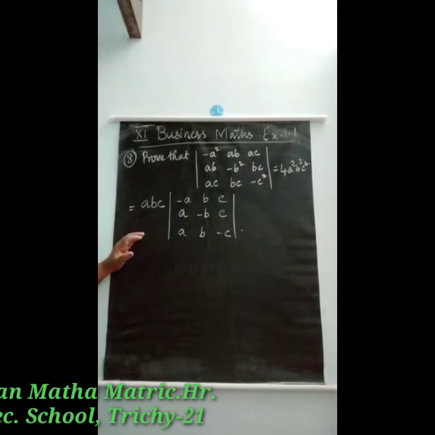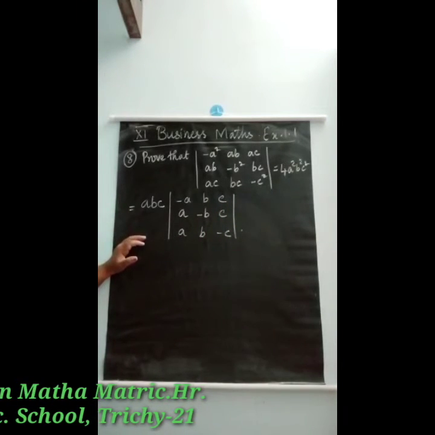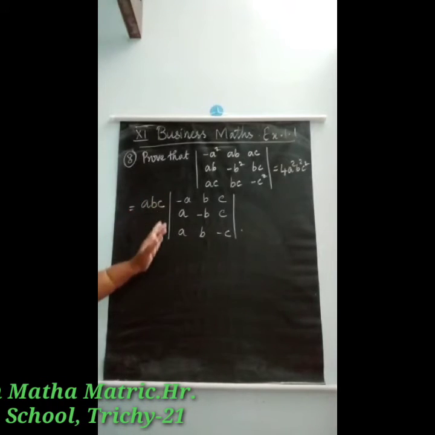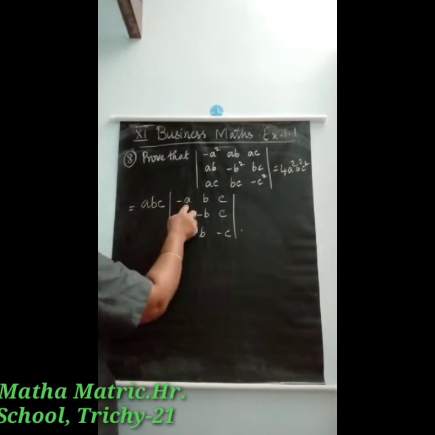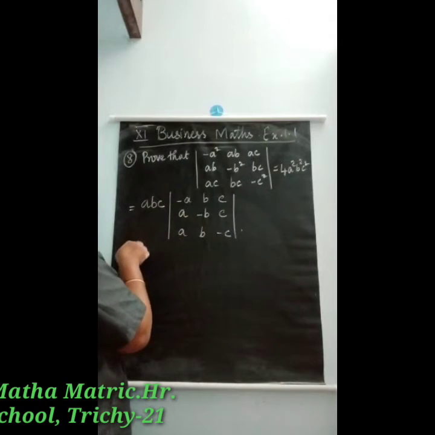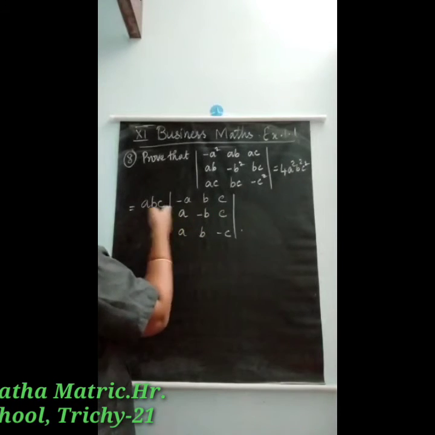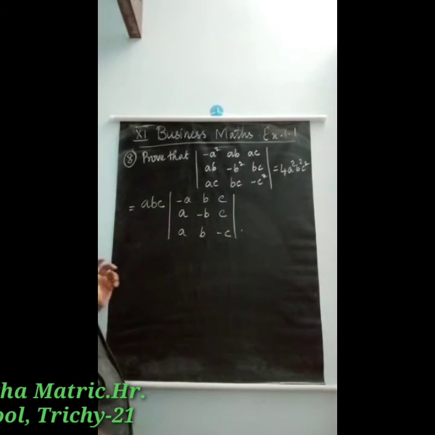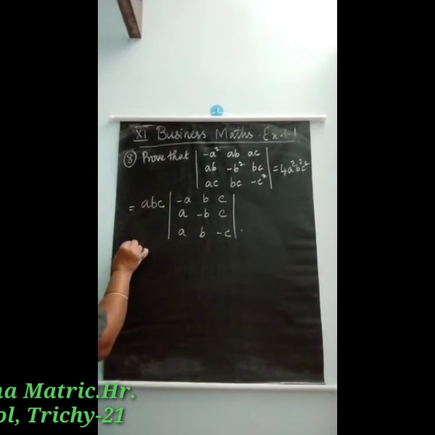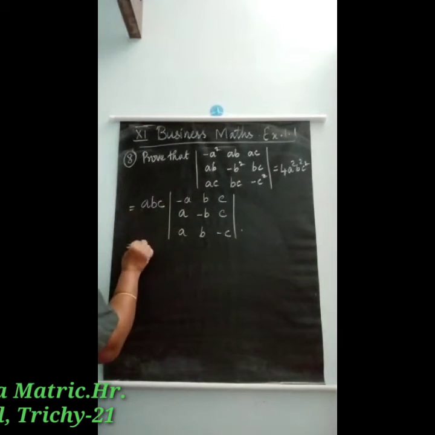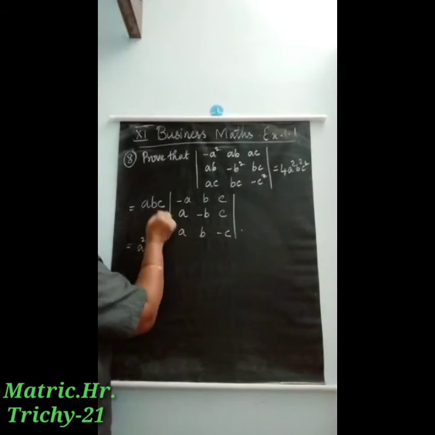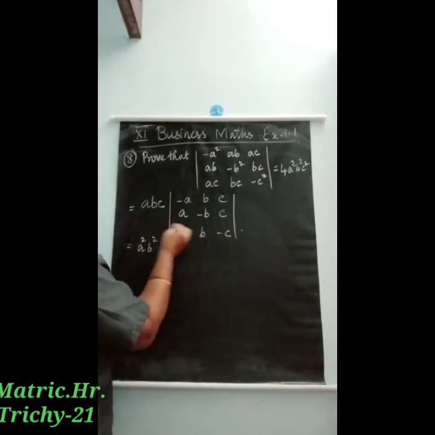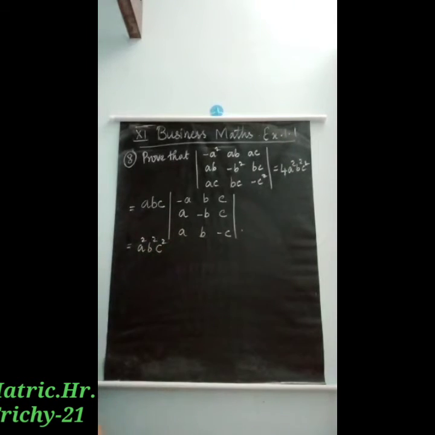So next step, we have to take out a, b, c from the columns. That is, from the first column you have to take out a, from the second column you have to take out b, and from the third column you have to take out c. So that is equal to a into a², b into b², c into c².